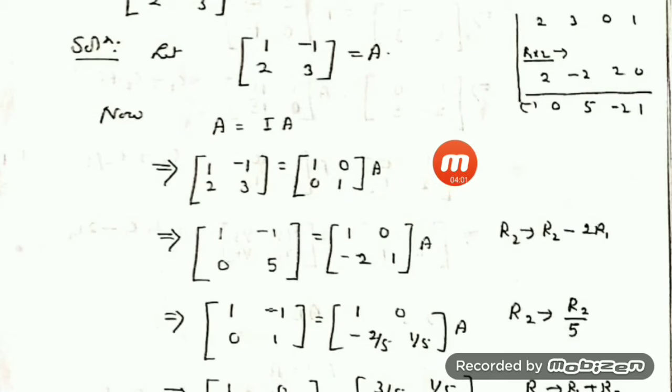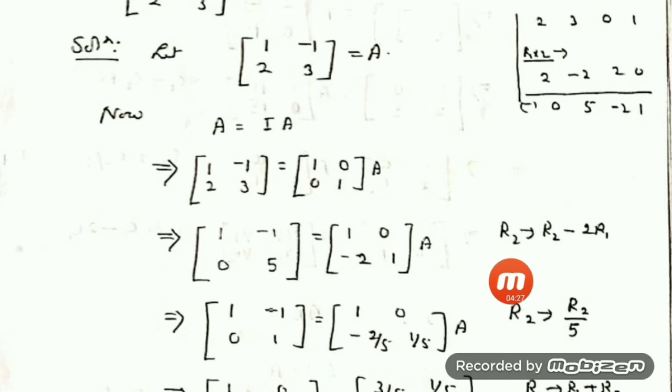What is the second step for a second order matrix? You have to make this 2 equal to 0. That means the element present in the first column below the diagonal, you have to make it 0 with the help of the first row. This is present in row 2, so you have to change row 2 with the help of row 1.